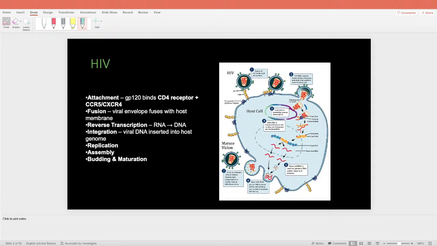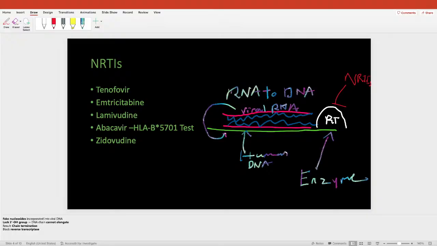So what's happening here is that the reverse transcriptase is going to definitely be interrupted, and it's going to happen right from that point of view.